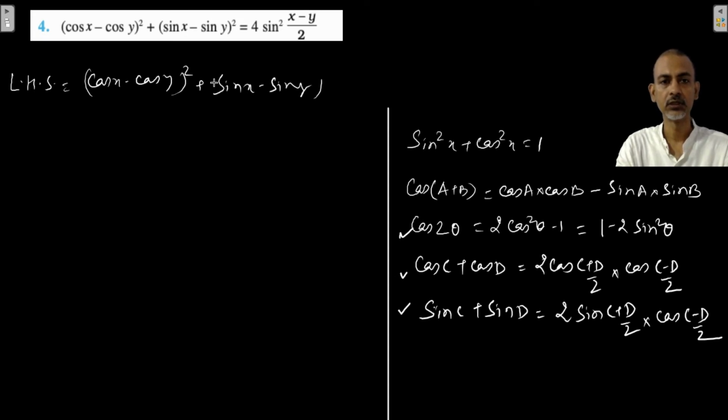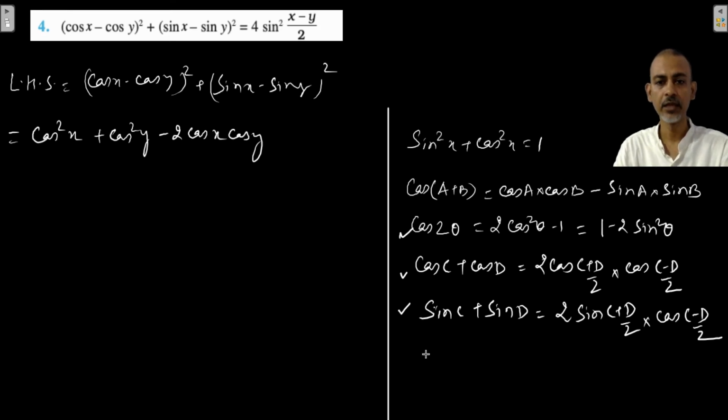Now since this expression is given, first we will try to expand it and see if something gets cancelled out or becomes 1, right? We'll write it down. We'll have cos square x plus cos square y minus 2 cos x cos y. Why did that happen? Because we know the formula (a minus b) whole square is nothing but a square minus 2ab plus b square.